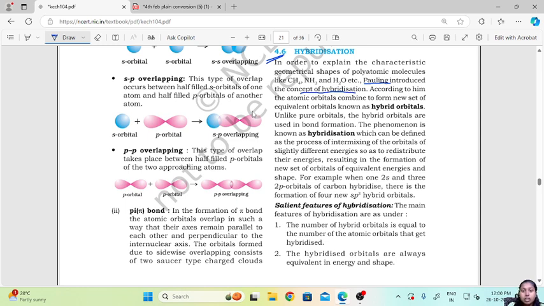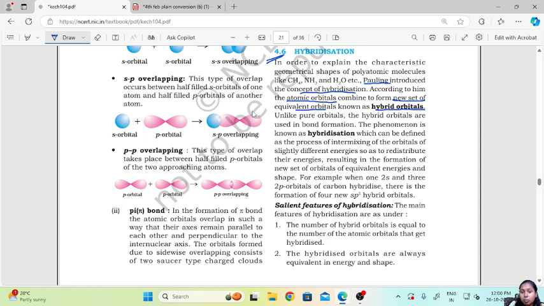According to him, the atomic orbitals combine to form new sets of equivalent orbitals known as hybrid orbitals. So when atomic orbitals combine together to form a new set of equivalent orbitals, they are known as hybrid orbitals. Now, unlike pure orbitals, the hybrid orbitals are used in bond formation.